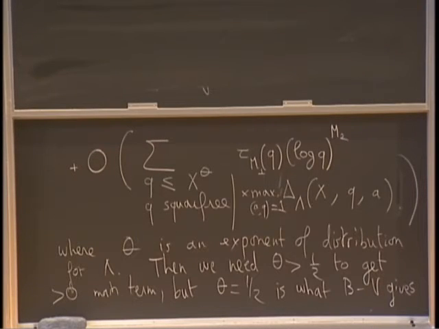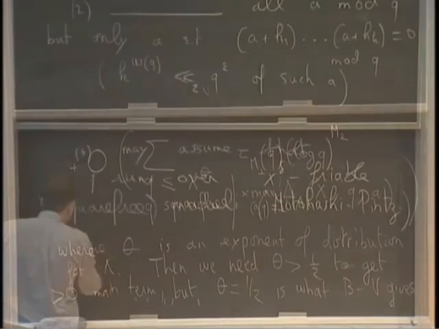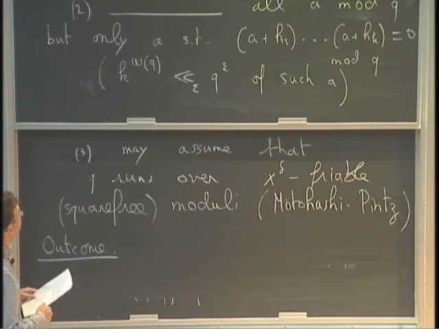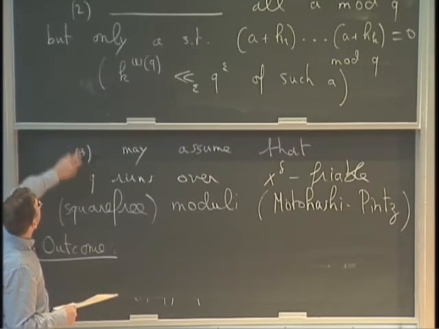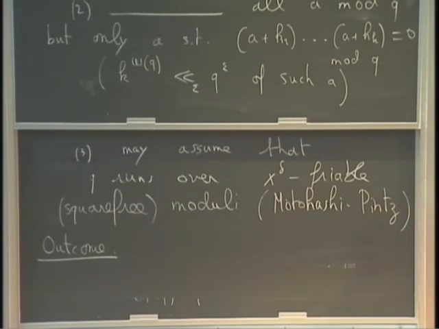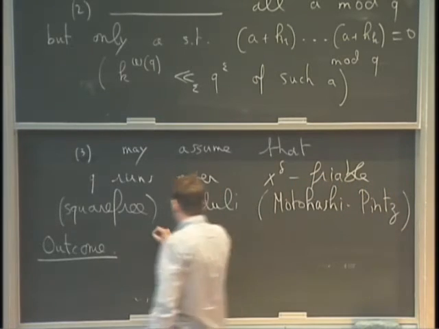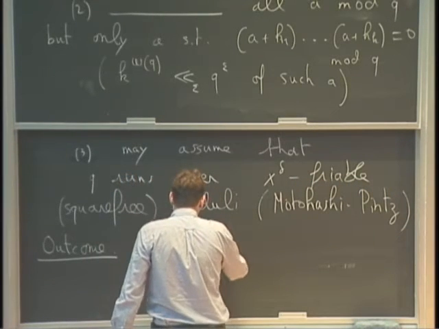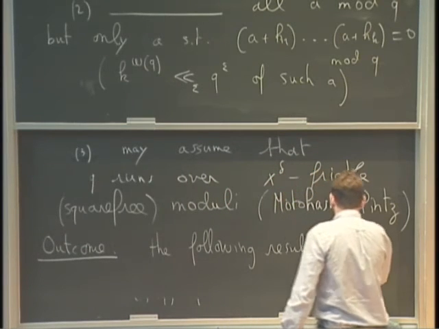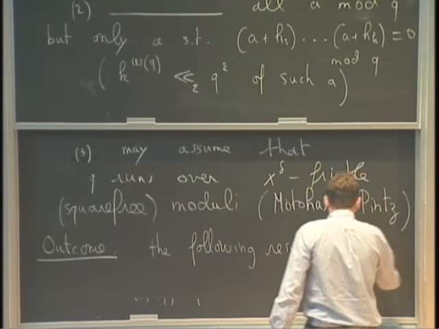All right. So the outcome is that it's enough to go beyond the Bombieri-Vinogradov theorem when you have this type of restrictions removed. So the following result suffices to get bounded gaps.